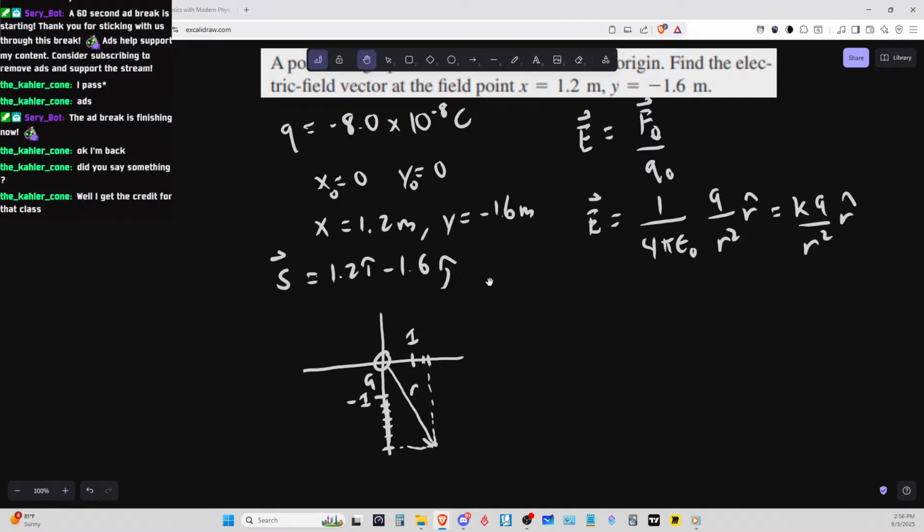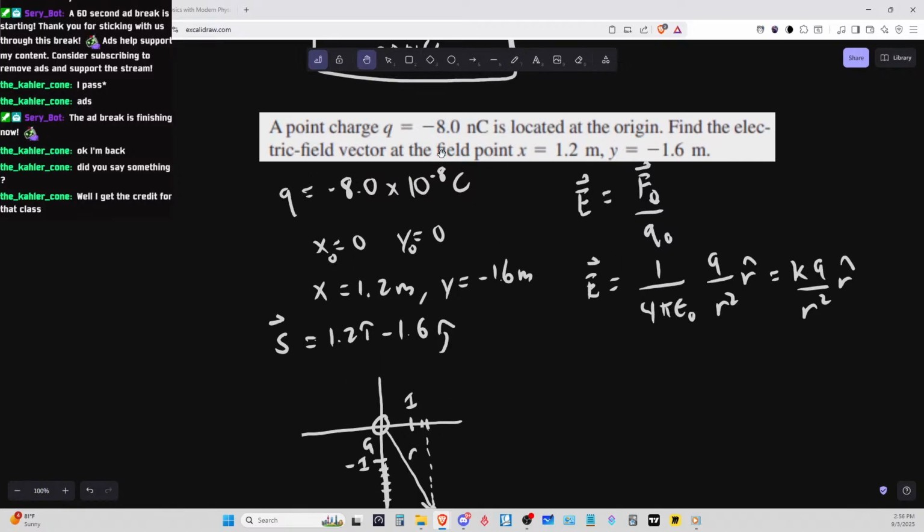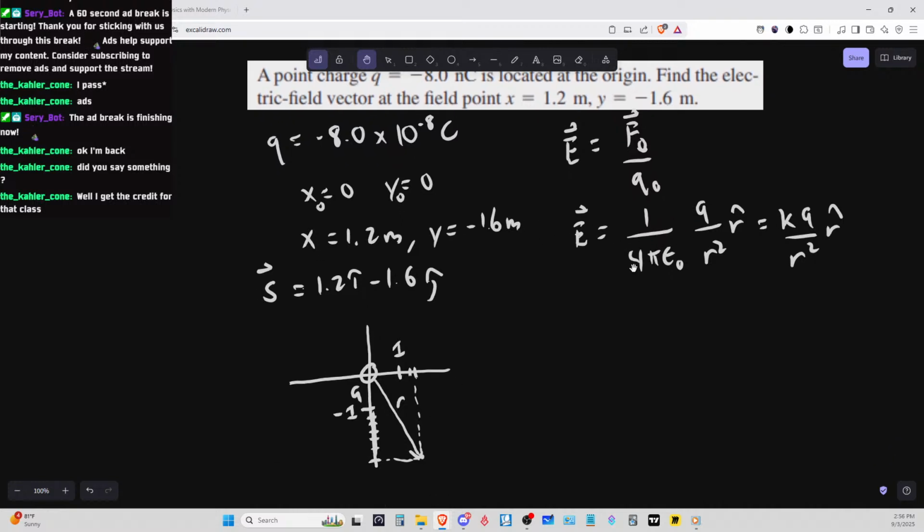We have the charge, which is good, and we know we have to multiply by k. So I think the last thing we have to do is the distance. Luckily it's at the origin, so it's not too big a deal.